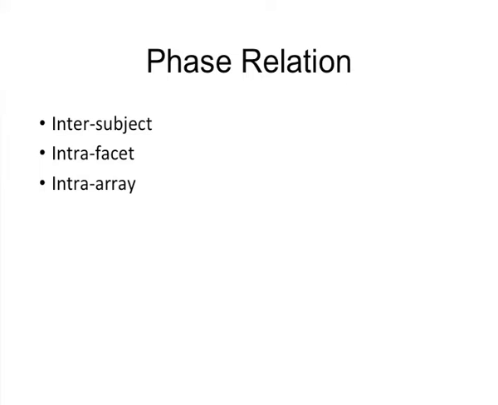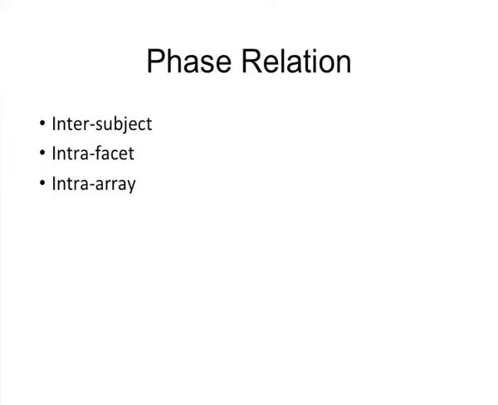Almost all the examples that I have given till now are examples of inter-subject phase relations, meaning 2 different subjects belonging to 2 different disciplines studied in mutual relation with each other. I said physics and chemistry, this is an inter-subject phase relation. I said botany and zoology, this is an inter-subject relation.